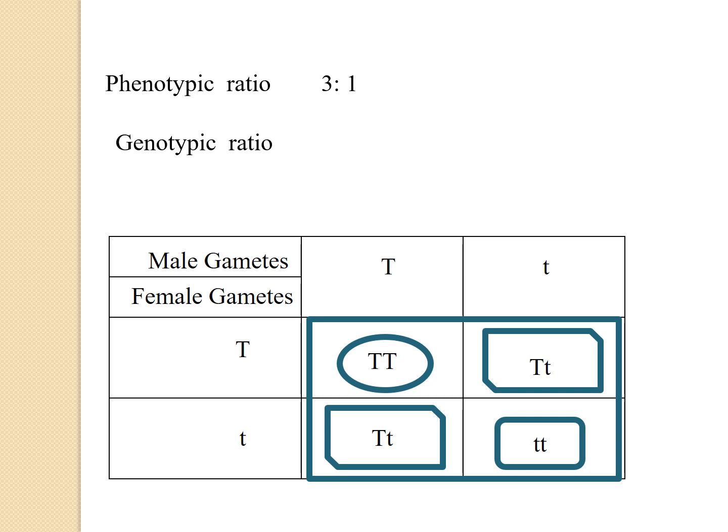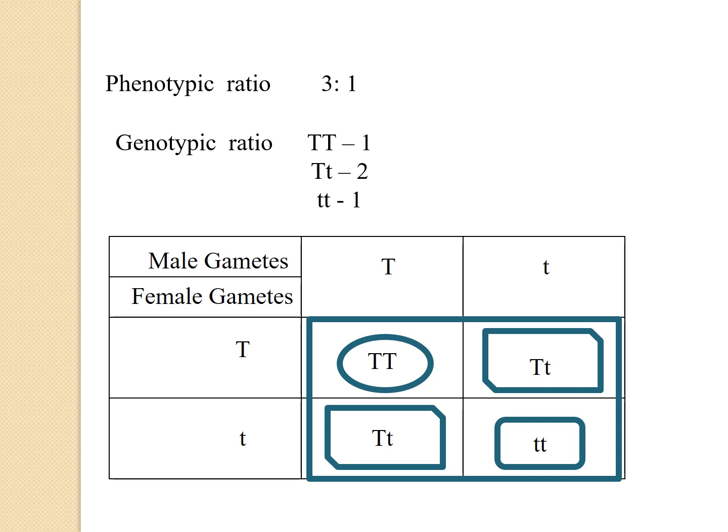Okay, so when I have to find out the genotypic ratio, I have to look at this condition, which are homozygous, which are heterozygous. In homozygous also you will have two: homozygous dominant and homozygous recessive, and then heterozygous. So here this is what I get.